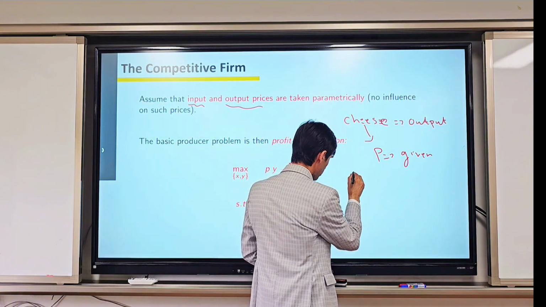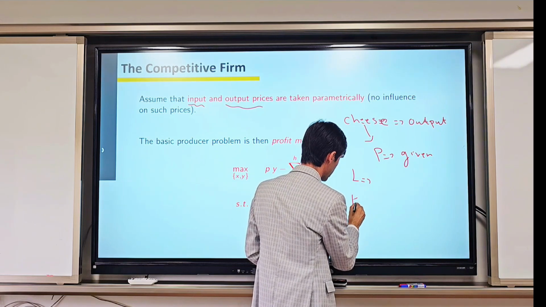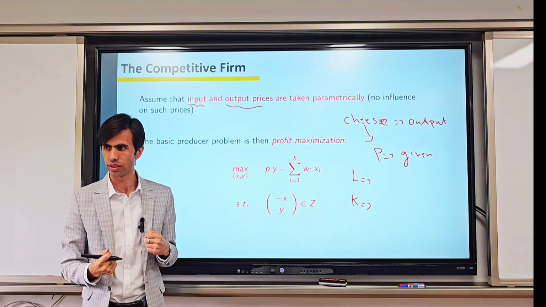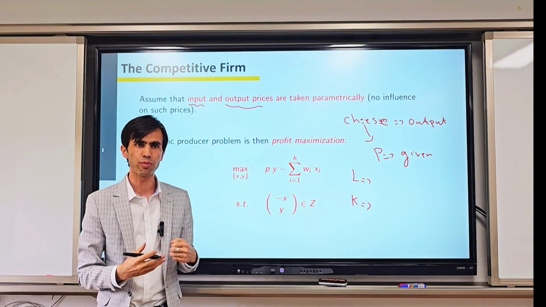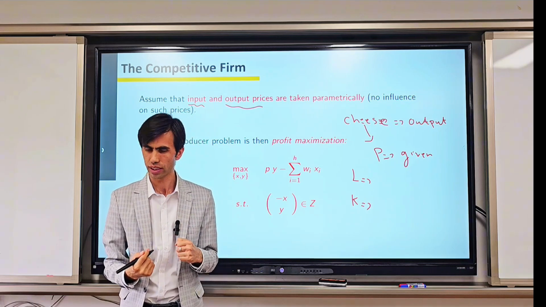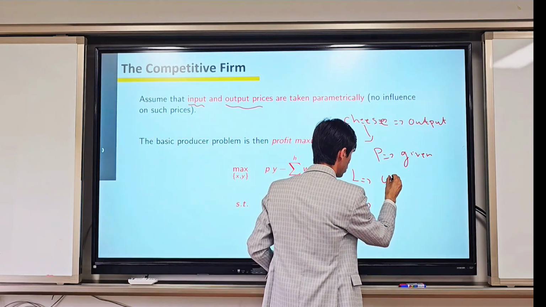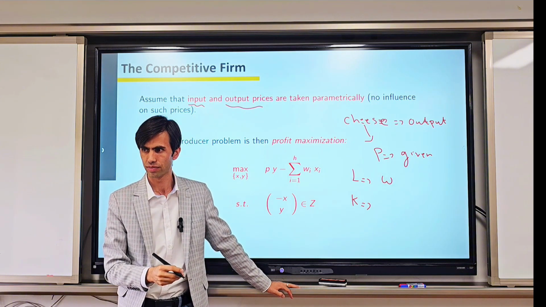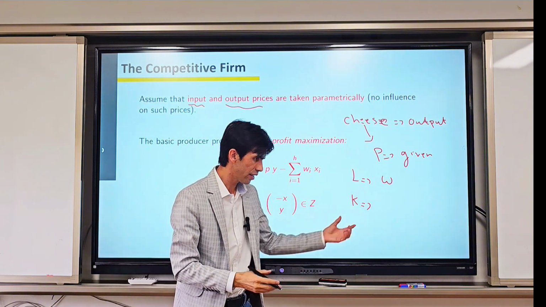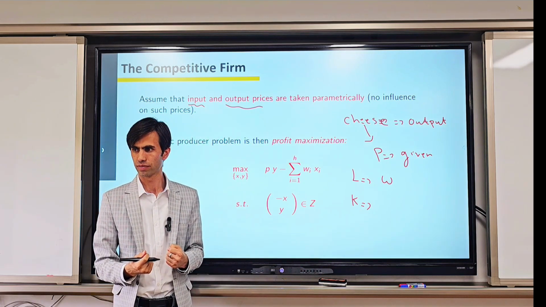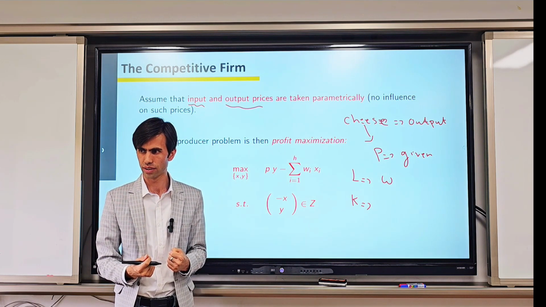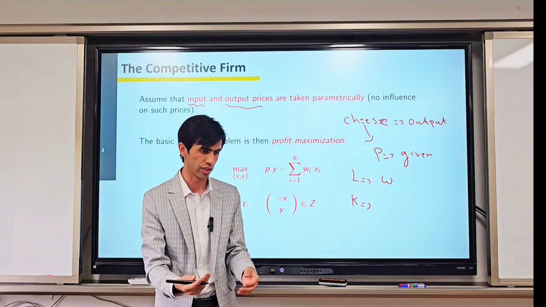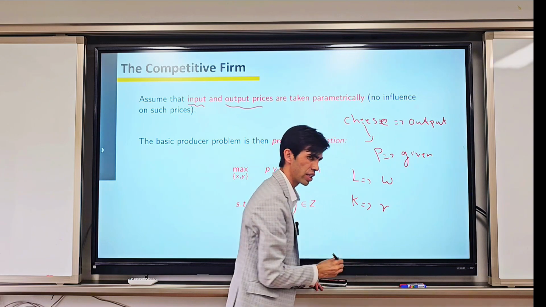And also, in this production process, we need labor. When we hire labor, we need to give some price to the labor in order to work for us. That price is typically denoted W, which stands for wages. And also, when we use some capital in our production process, that capital also has a price. We need to pay the price, which we denote R, which stands for rent.